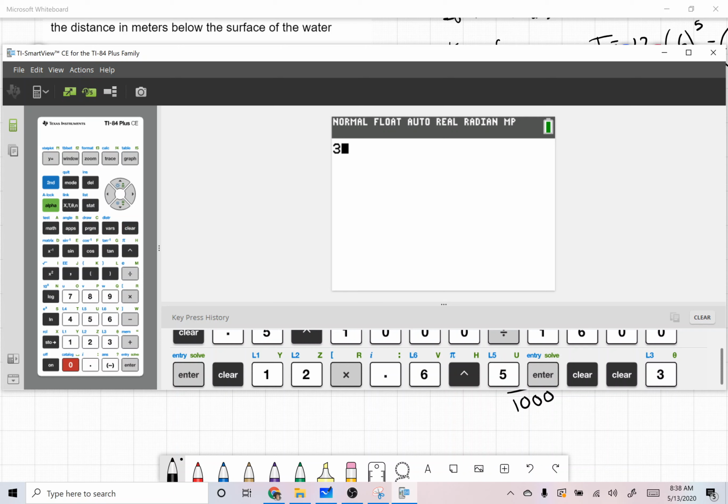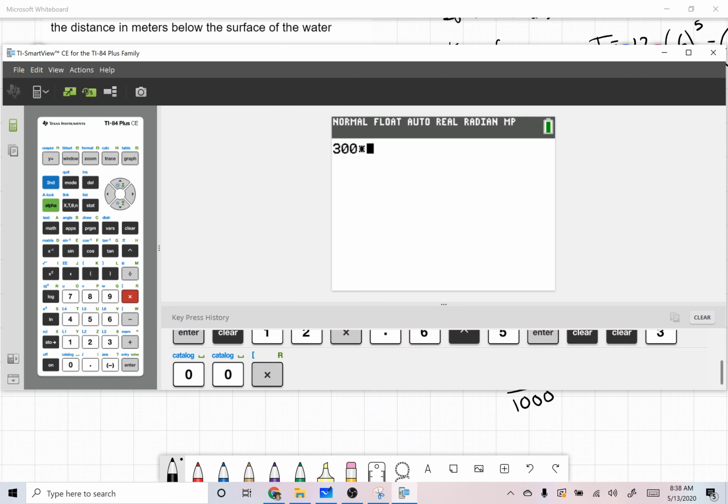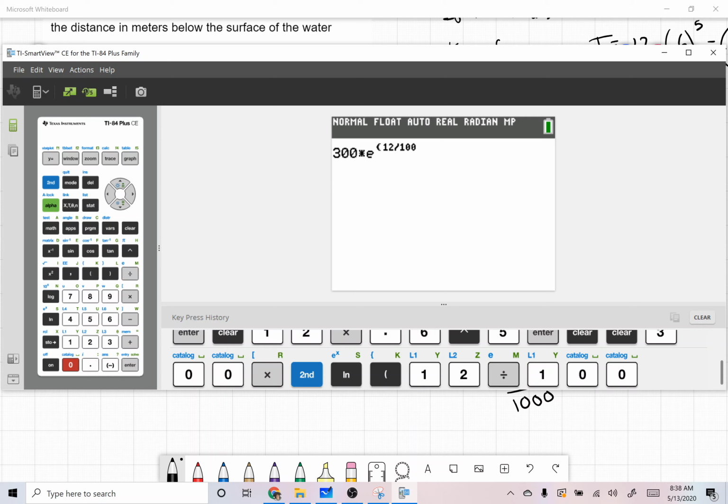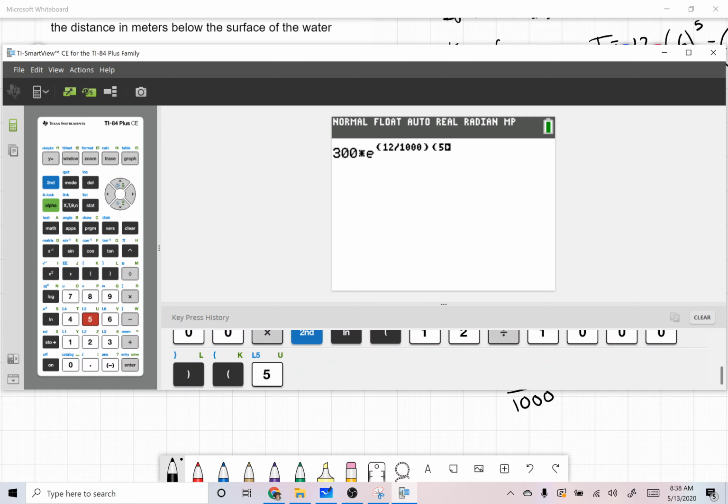We have 300 times E to the 12 divided by 1,000, times 50.